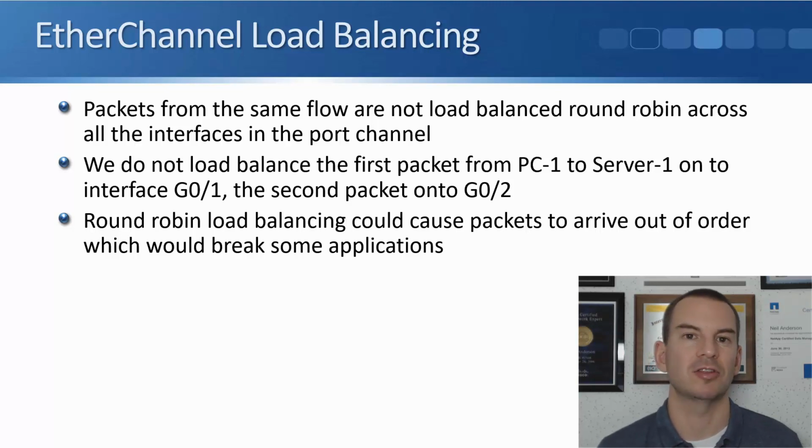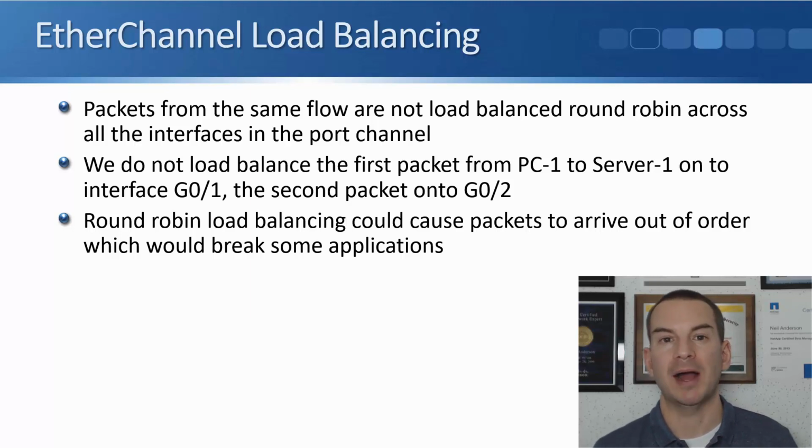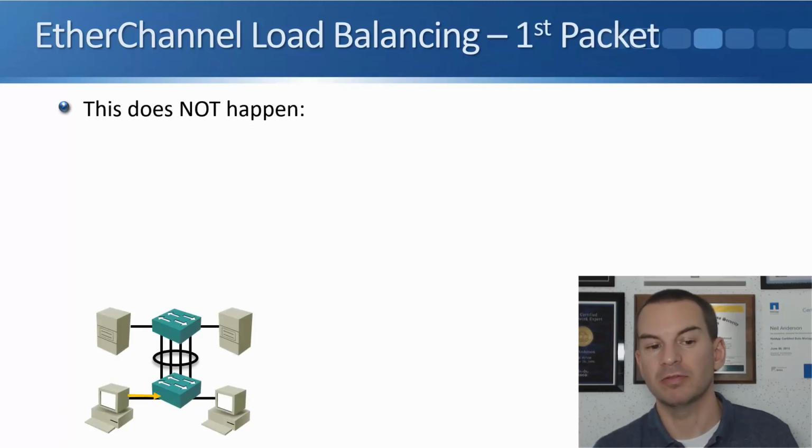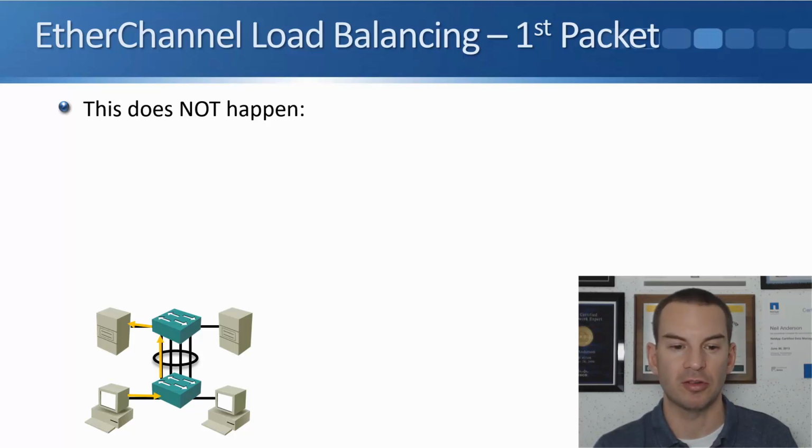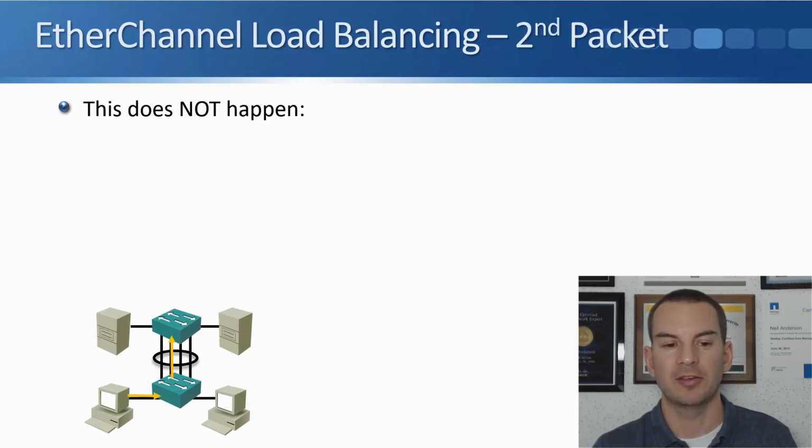So to make sure that doesn't happen, we always load balance packets from the same flow onto the same interface, so they're always going to arrive in order. So you don't see the first packet in the flow going over interface gig 0/1 and the second packet in the same flow over gig 0/2. We don't do that.